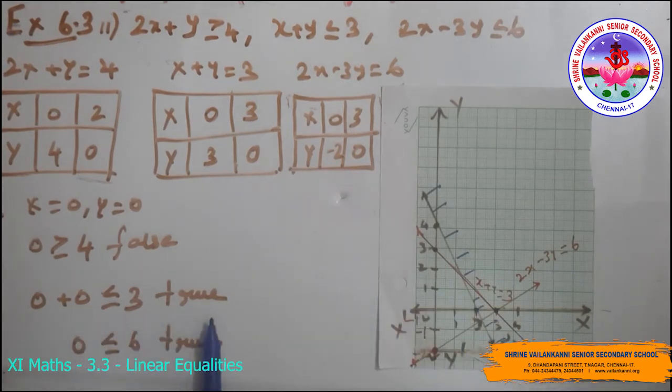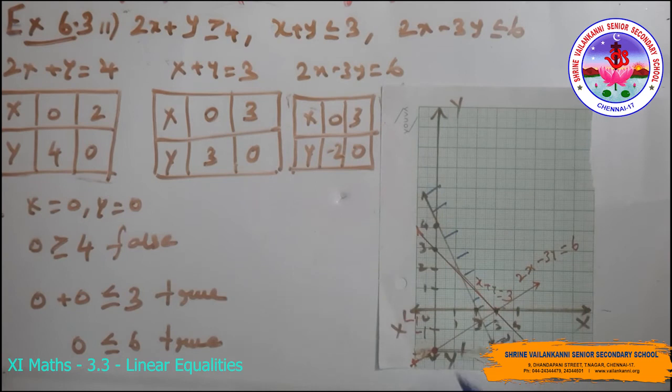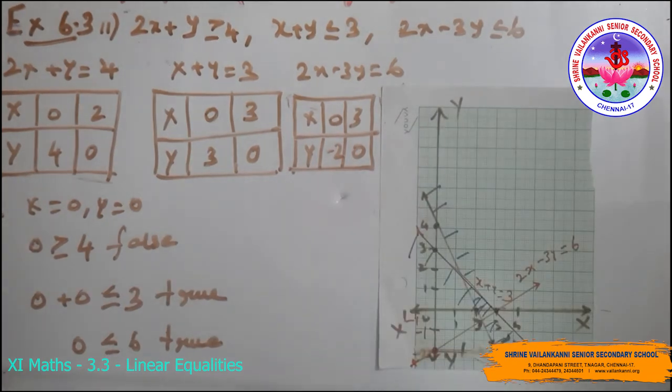And the second inequality represents the region below the line. That is, it lies towards the origin. And the third inequality, 2x minus 3y less than or equal to 6, represents the region above the line.